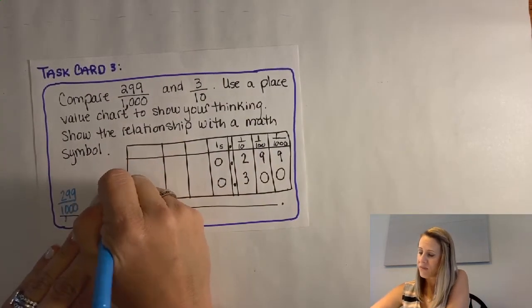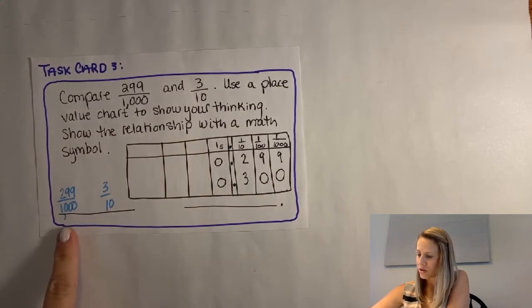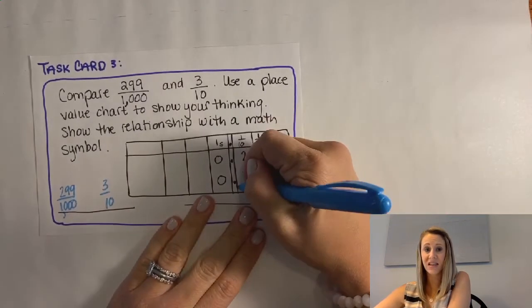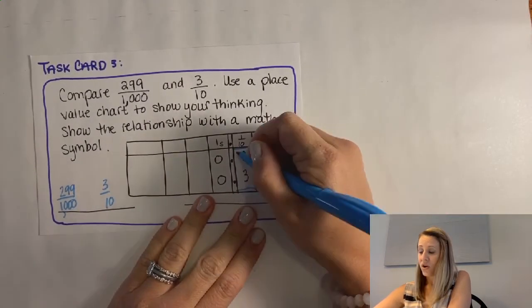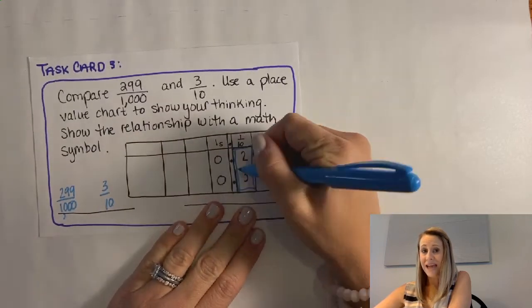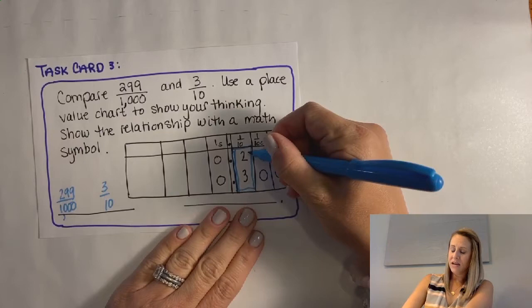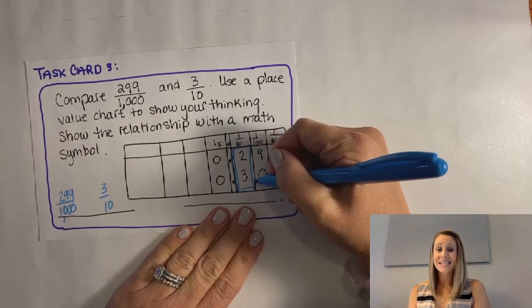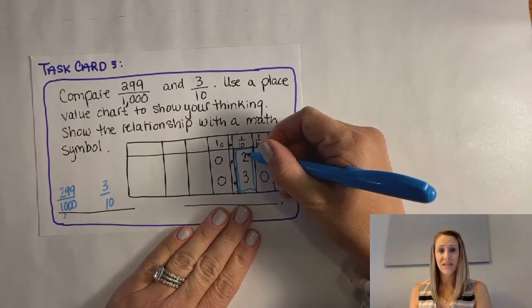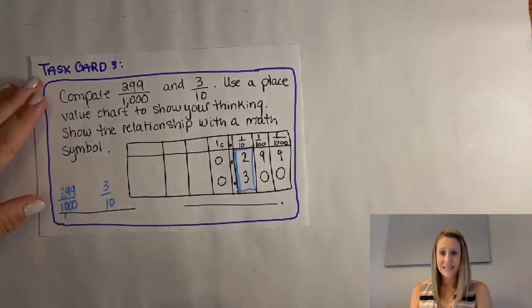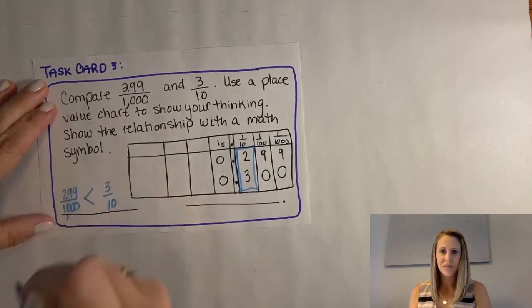Let's look here at our value where they change. The first value to the left, as I go left to right, the first time that those are different is in the tenths. So 2 is less than 3. So the 299 thousandths is less than 3/10. So what symbol did you use? The less than symbol, which is your little smushed L.